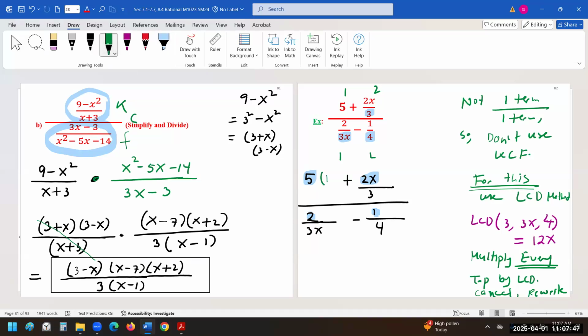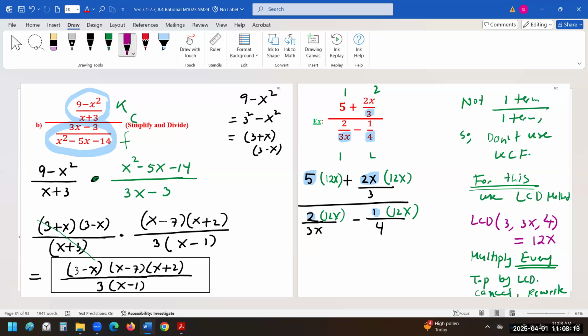We have our LCD 12x, multiply here, here, here, and here. So only the numerator, okay, not the denominator. Multiply only the numerators by LCD and then cancel whatever you cancel.